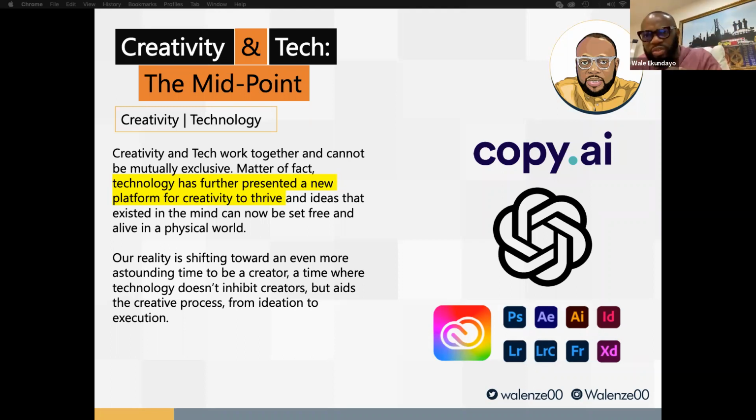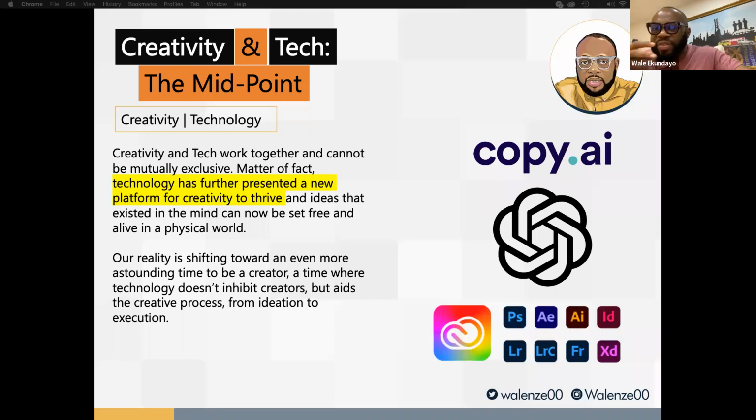But beyond those things, are those things able to translate into actual cash? Because there will be a lot of frustration and gnashing of teeth if you are not translating your ideas into actual cash. And that's where a lot of people are missing it when it comes to creativity.